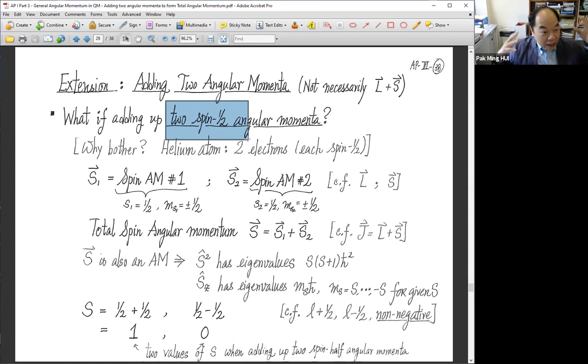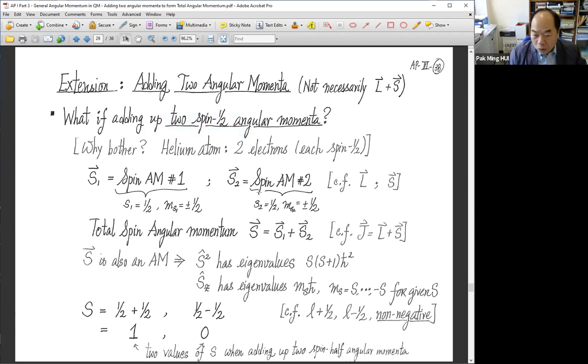Actually, in any other atom, you have 15 electrons, or 21 electrons, and you have to find ways to add them anyway. But if we know how to add two, then after adding two, you add this resultant to the third one, and you know how to add three spin-half objects and so on. So the key thing is how to add two spin-half.